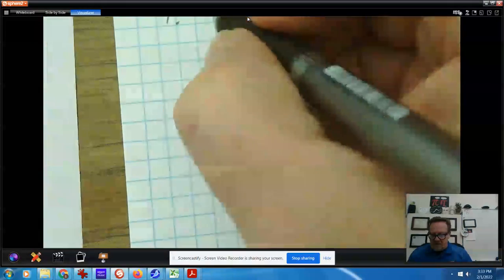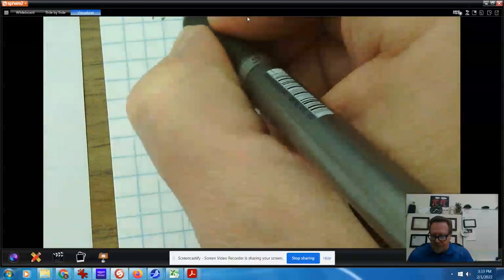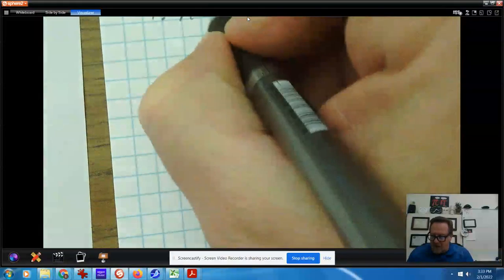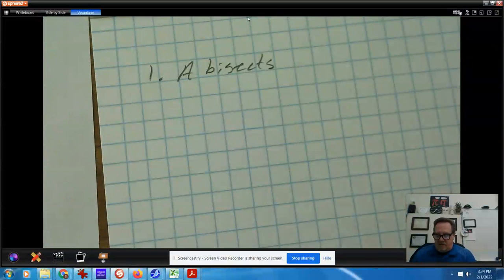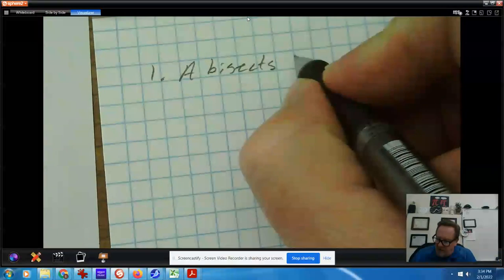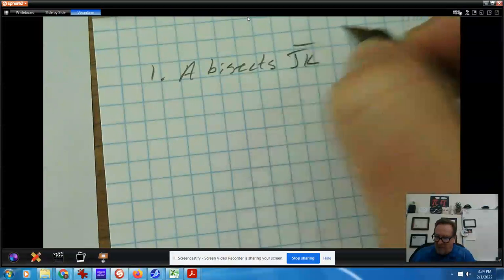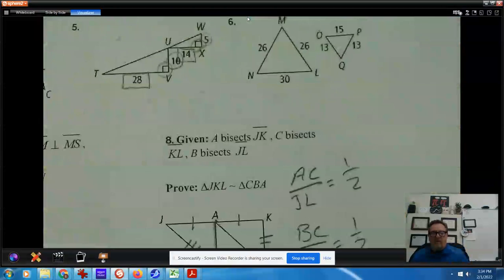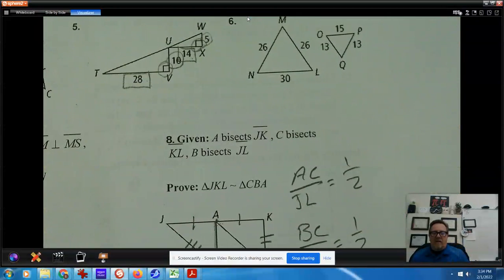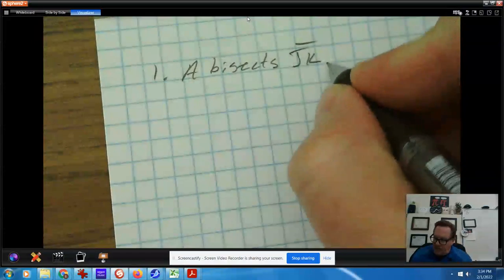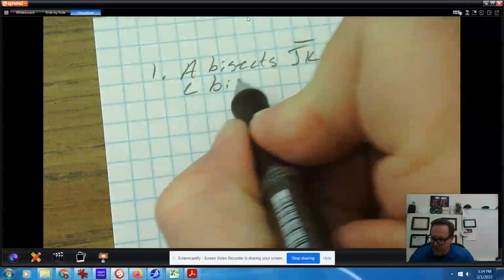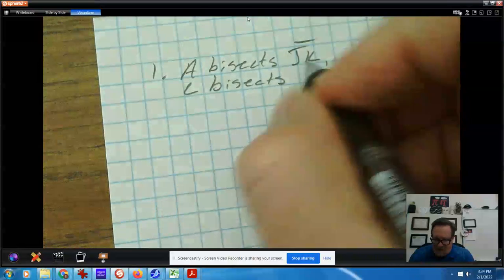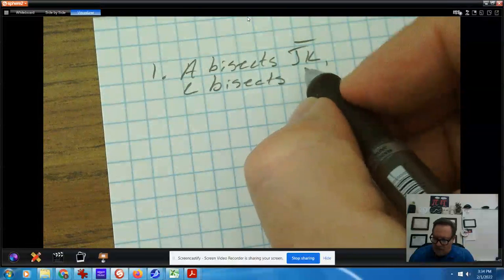Starts off and says A bisects JK. That's just the first statement in my given. A bisects JK. At the same time, I can say, and I'm going to write all these together, C bisects KL.